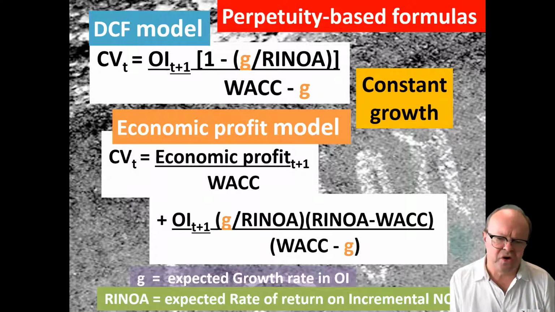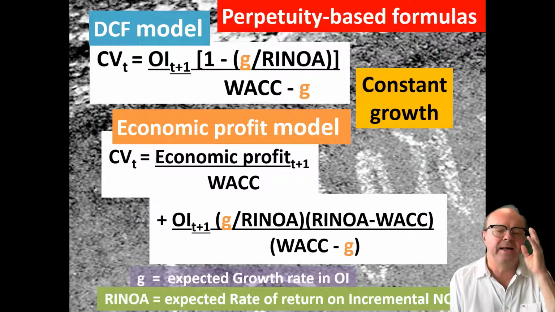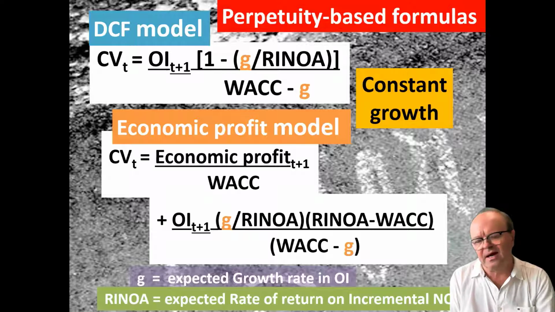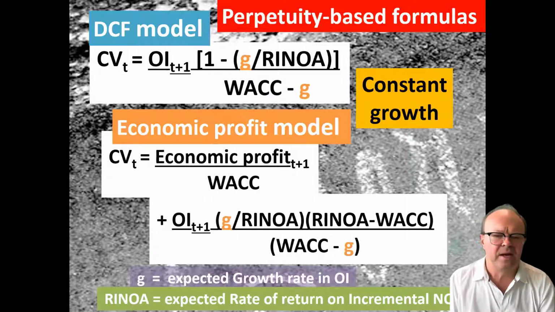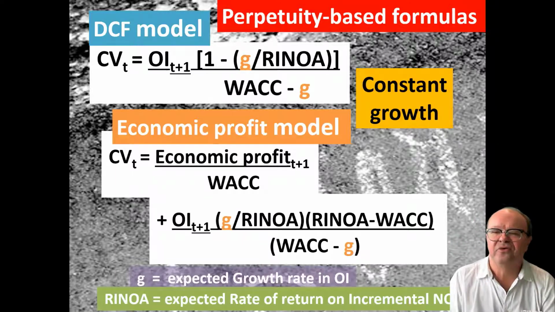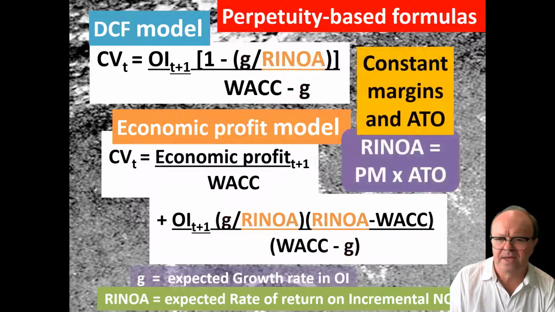That's a constant growth rate in operating income. So we might assume operating income will grow by 2% every year forever in our continuing value. And our spreadsheet will calculate our continuing value for us and use that figure that we put in for growth rate, expected growth rate in operating income, in the continuing value formulas.